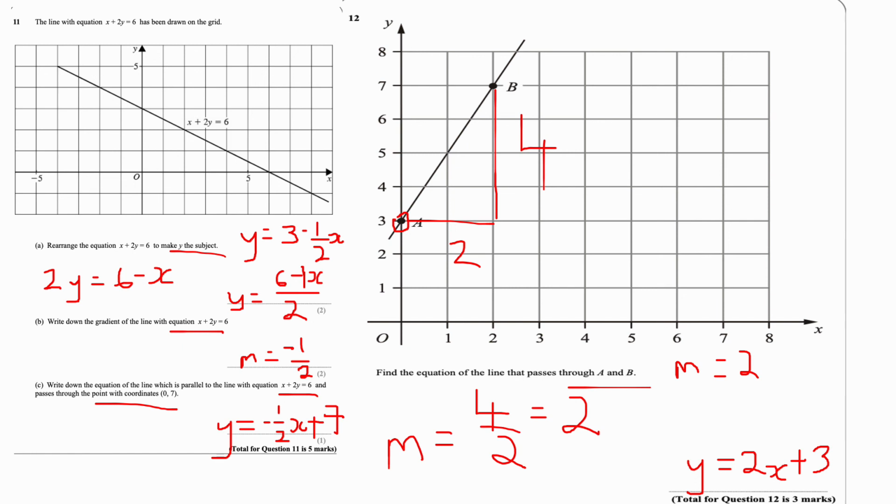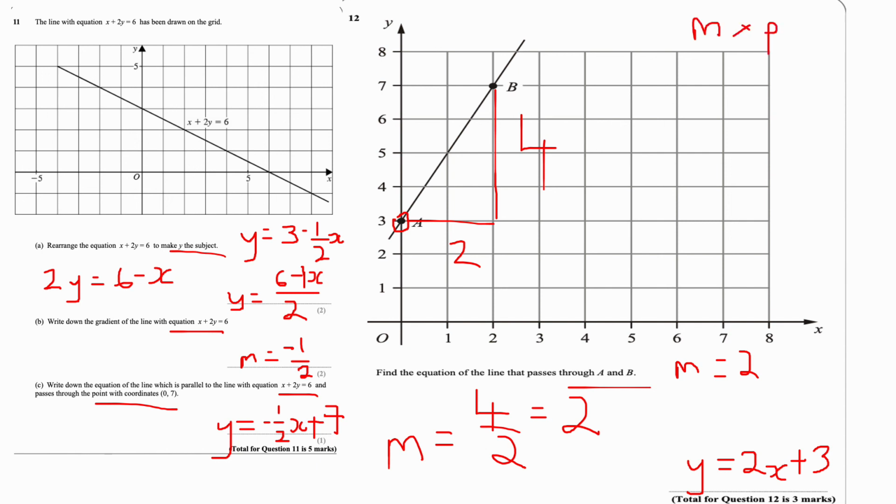And the last point to mention on this topic, if you're doing higher and you're looking at perpendicular gradients, remember that perpendicular gradients are the negative reciprocal of one another, so your two gradients must multiply to give me negative 1.